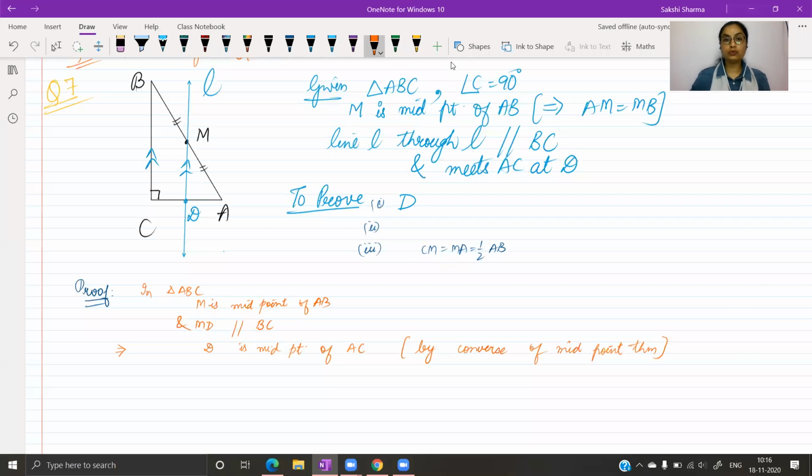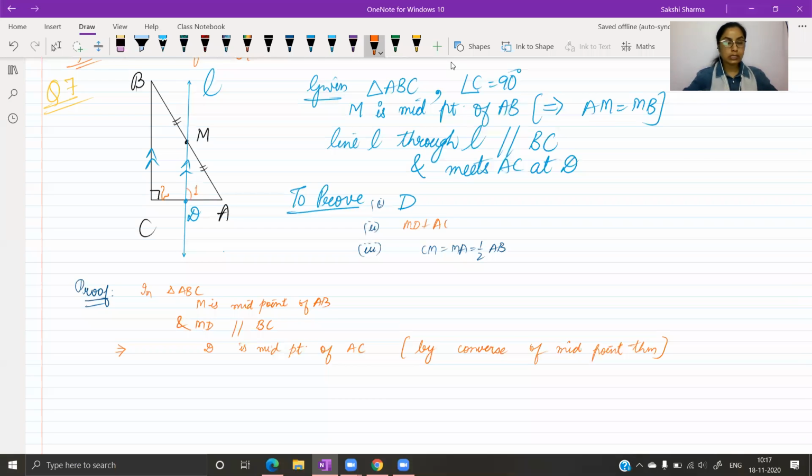After this, you want to prove that MD is perpendicular to AC. This can be done in two ways. Either you can take the co-interior angles. Co-interior angles would be 1 and 2. The sum will be 180. They will be supplementary because we have a pair of parallel lines. Or you can take the pair of corresponding angles. In that case, the corresponding angles will be angle 1 and angle 2.